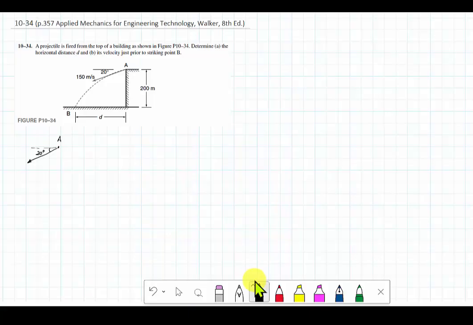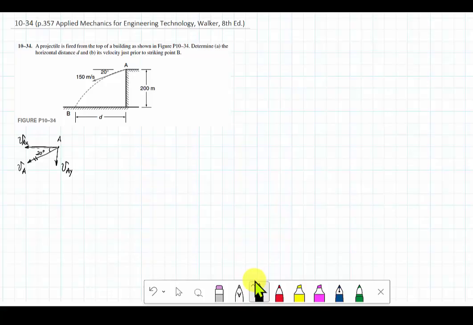If we resolve this velocity into components, the x component is going to the left, and we can call it VAX. And the y component is going down, we can call it VAY. This is the original VA, and VAX and VAY are the components of VA.